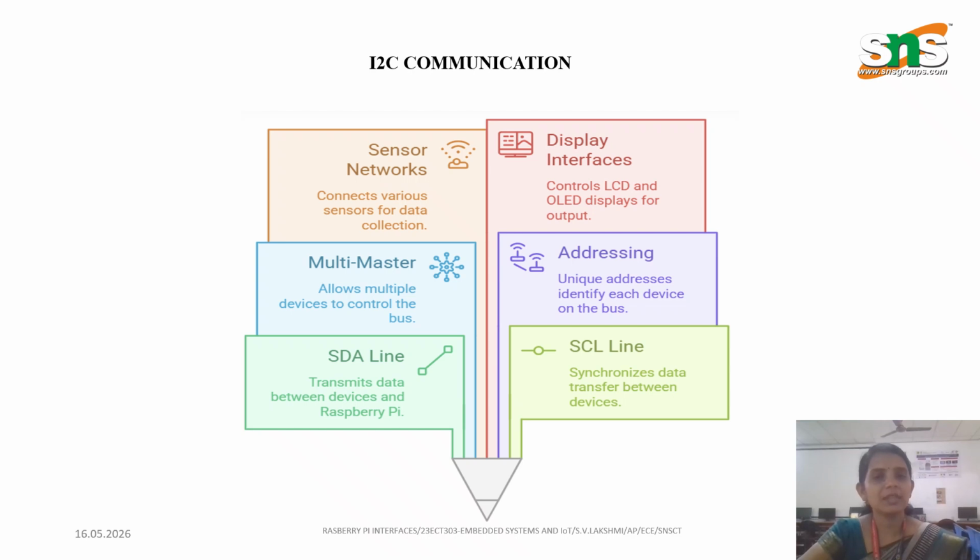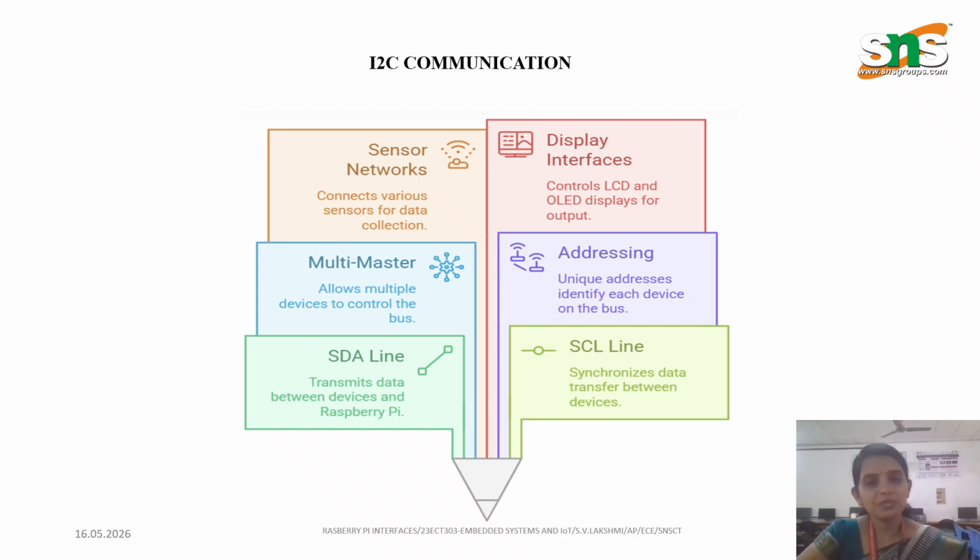The next is I2C, that is inter-integrated circuit. This is a two-wire serial communication protocol used to connect multiple devices using addressing. Here we have two lines, SDA and SCL, that is serial data and serial clock. It is based on master-slave communication, where the Raspberry Pi acts as a master and the devices are identified by unique addresses.